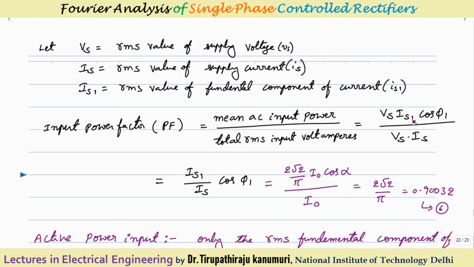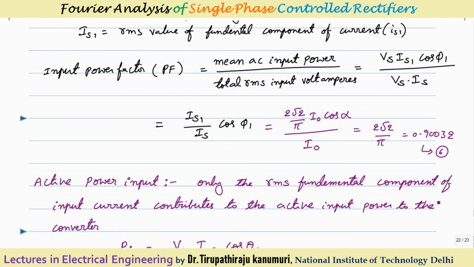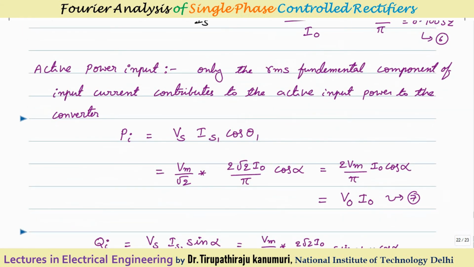That is called the input power factor. We can calculate it: input power factor will be equal to Is1 by Is, because Vs is the same in both cases, multiplied by cos phi 1. When you substitute these values, you will get 2 root 2 by pi, which is 0.90032.